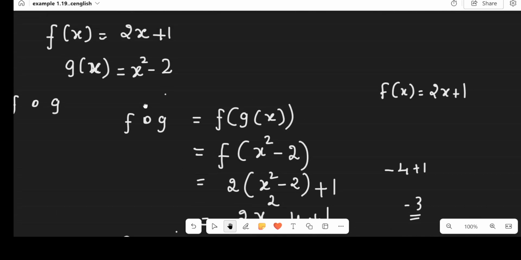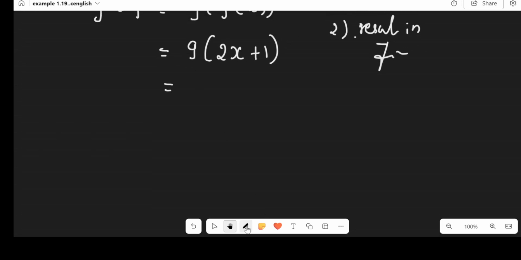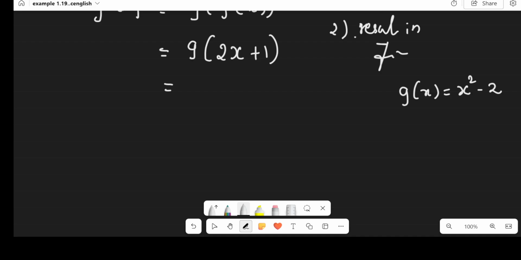What is g of x? G of x is x square minus 2. In this formula only, we are going to replace x with 2x plus 1. Just treat the whole thing as x.